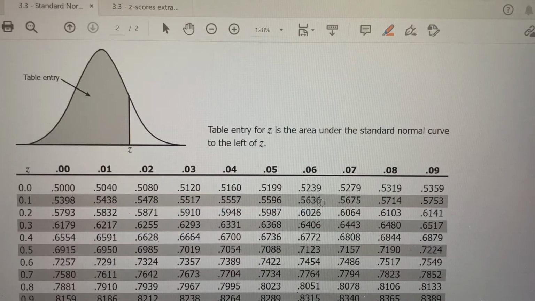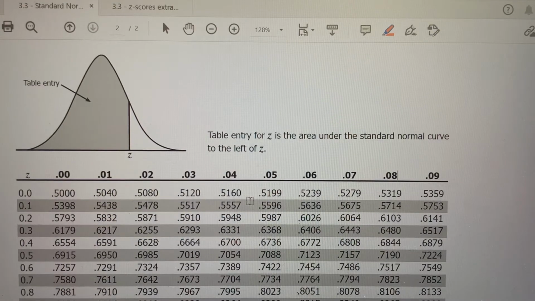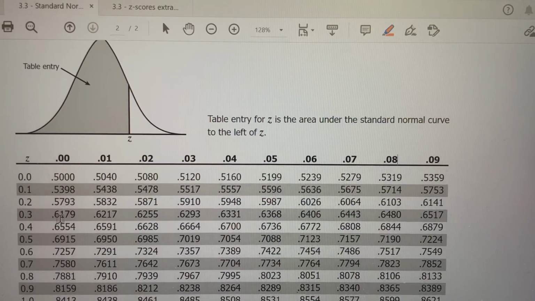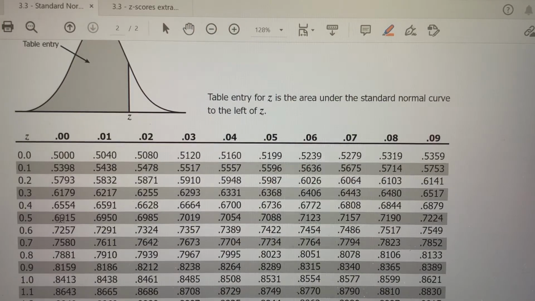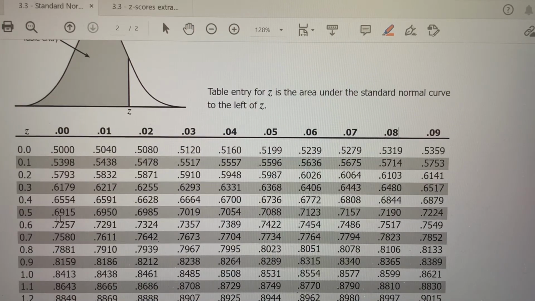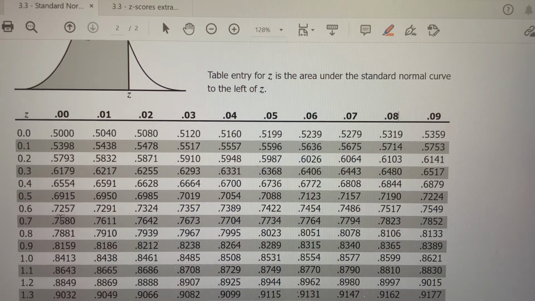All right, so we're in our standard normal table here. Notice we're on the positive side because we're looking for a proportion of 0.9, which means our z-score is going to be positive. We're above the mean, okay? So looking through the table, I want to see the value closest to 0.9, okay?